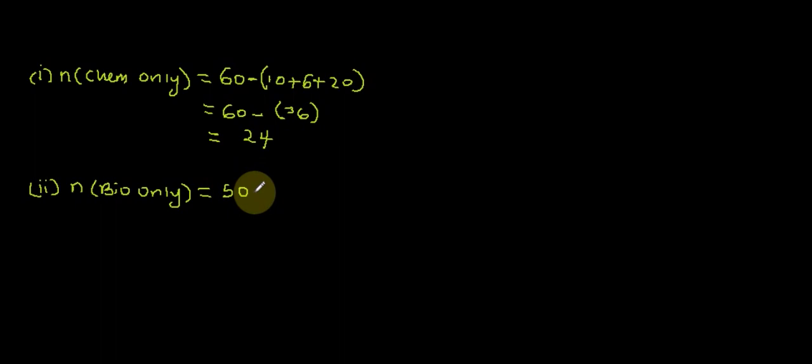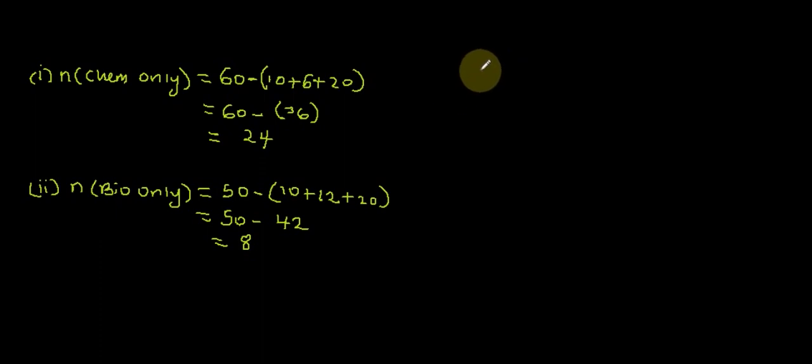So we have 50 minus the total number of students offering the three subjects, plus the number of students offering biology and physics, which is 12, plus the number of students offering chemistry and biology, which is 20. Then we have 50 minus, I think this is 42. We are left with 8.